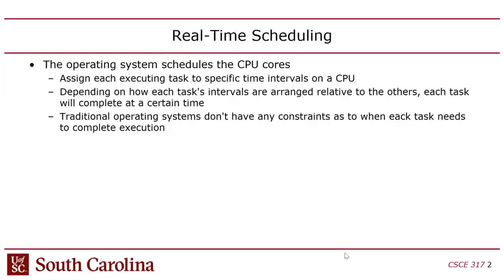So I mentioned with real-time scheduling that operating systems are responsible for scheduling the CPU, determining which processes get to run, but they don't make any guarantees about performance. So you run something on Linux and you don't have any promises. You might think, well, why not?